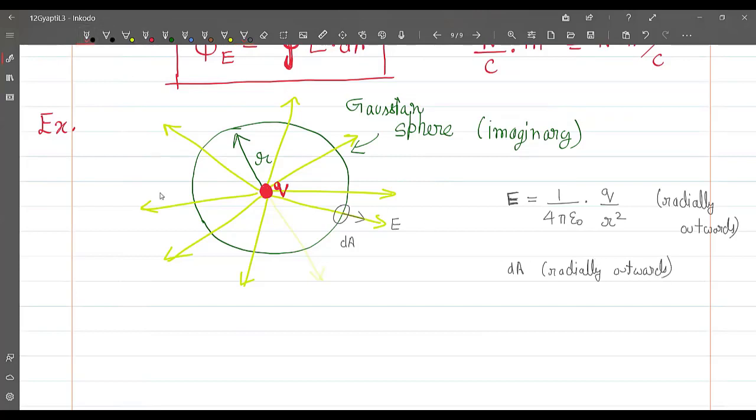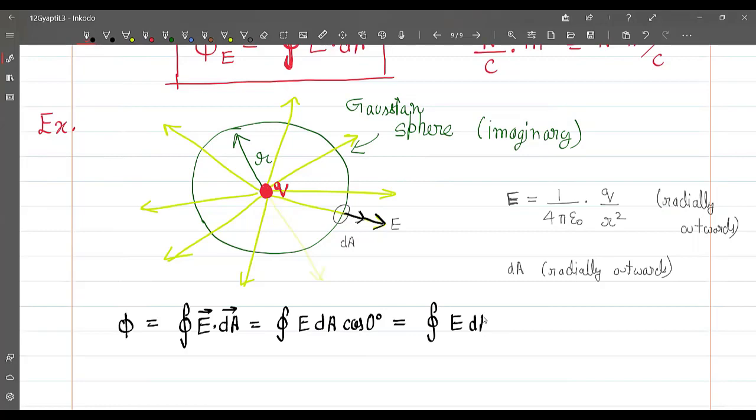So when I calculate the flux through a closed volume, E dot dA, I can write this as just E dA cos 0 degree, because both the area vector and the electric field vector have the same direction. So that is the integration of E into dA.